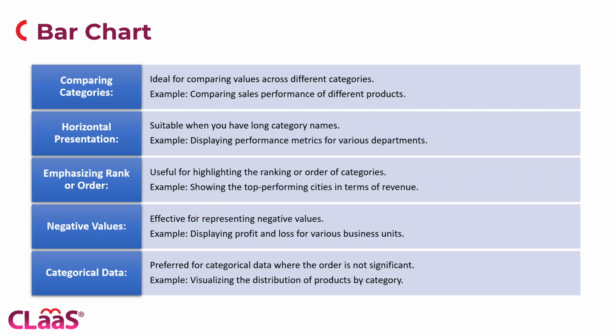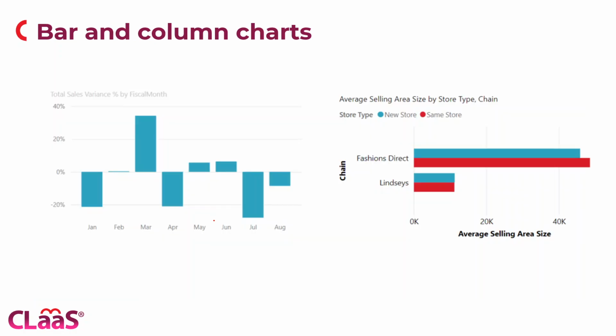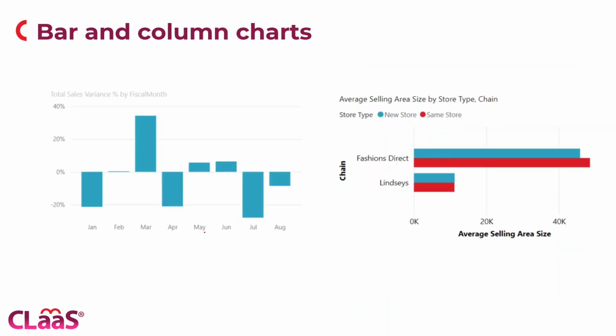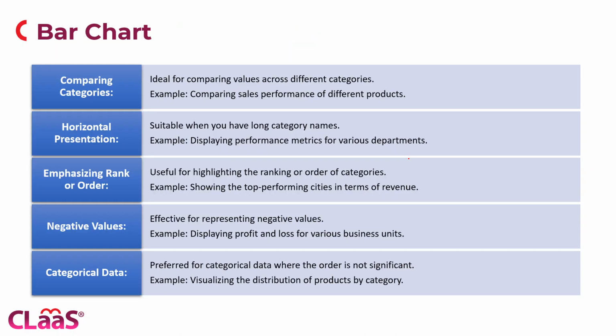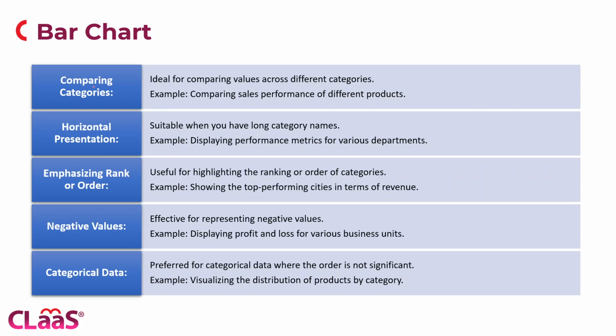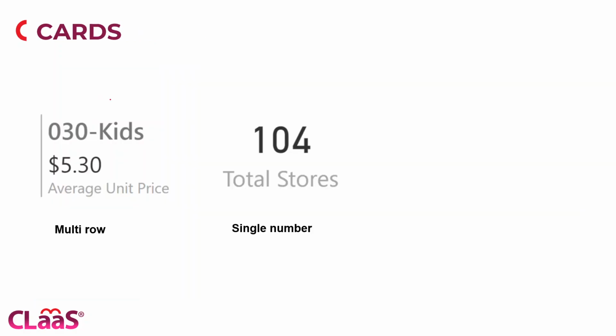Negative value, you have negative values. For the line chart just now, if you want to include negative values, you have to put below. But for comparing negative and positive, then you can use the bar chart or column chart. Column chart is similar to bar chart, the only difference is the direction is vertical.